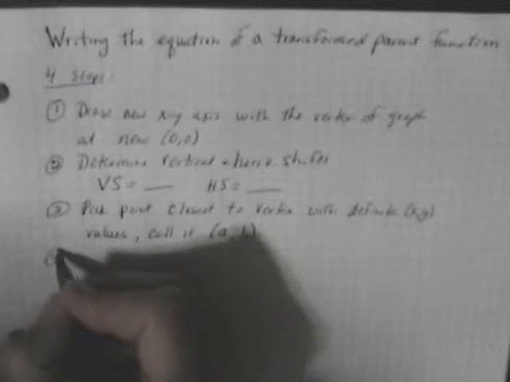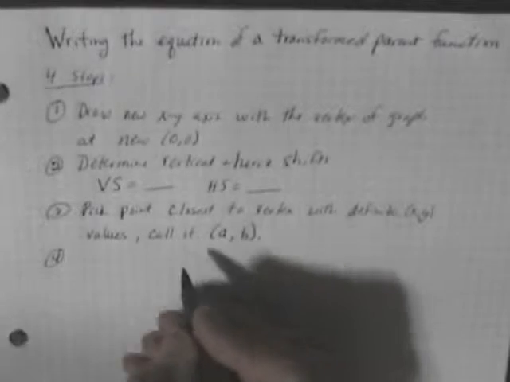And then we move on to the last step, step 4. Step 4 says that whatever the A value was, you're going to divide x by it, and whatever the B value was, you're going to be multiplying the entire function by it, or in other words, multiplying the y by it.